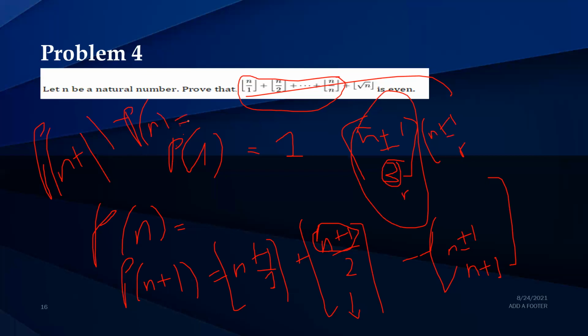This was a simple observation which we had to do. So the number of divisors of n we can denote by d of n, and by induction we can prove this. So this means that P of n plus 1 minus P of n is d of n plus 1.